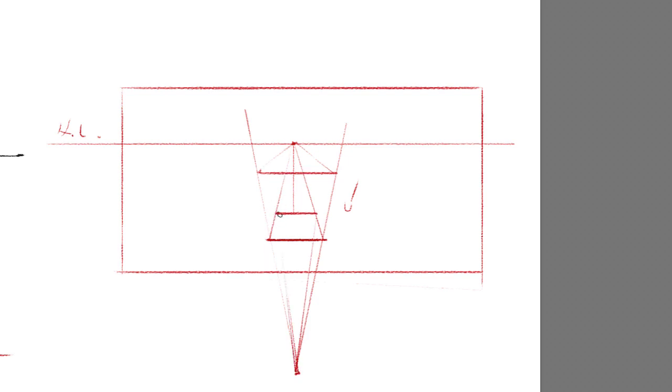Now I'm just going to extend them. I'm not able to turn my canvas at this moment, so anyway, there at the back would be this line. So you can see this dramatic effect of looking down. Okay, and that's what we want.